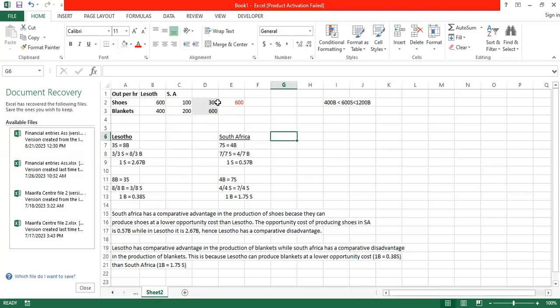So that's where it becomes a little bit twisted. But Lesotho's situation was straightforward. How much are they gaining in terms of blankets? It's easy because we know they got 600 blankets and they could have manufactured 400, so they gained 200. What about these ones who are giving up those shoes, and they say how much are they gaining in terms of shoes? So that's why we need to start at the bottom here.